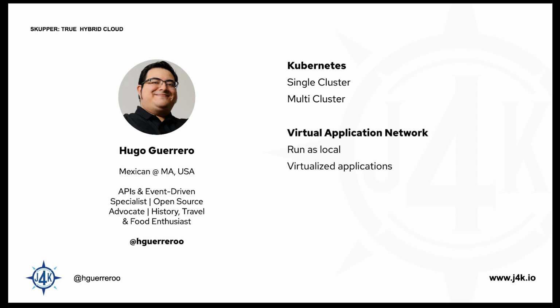Then we will be talking about what a virtual application network is and the requirements to run everything as local and having virtualized applications. Finally, we will be talking about Skupper, and we will be doing an overview and a demo that I hope you like. It involves multiple clouds and an application that is distributed around those clouds. So stay with me, and I hope you enjoy this session.